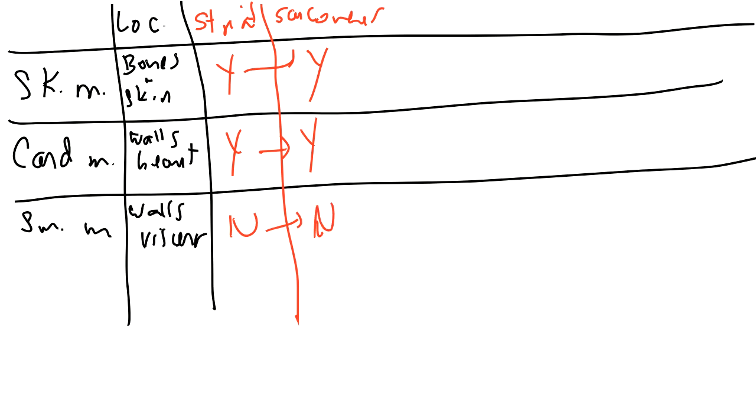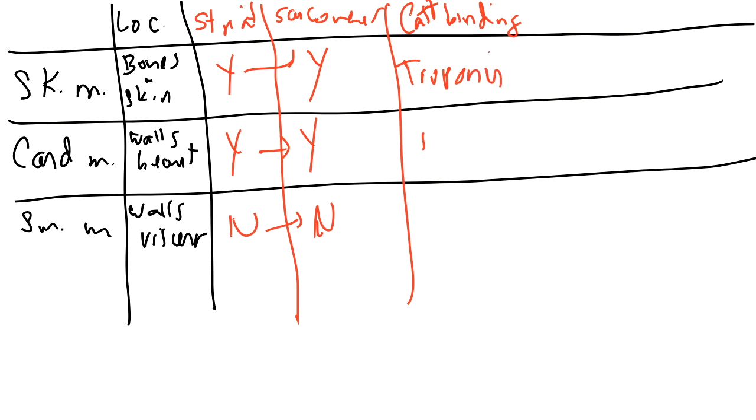Another characteristic we talked about was the calcium binding protein. In the case of skeletal muscle, the protein is troponin. In the case of cardiac muscle, the protein is troponin again. In the case of smooth muscle, it is calmodulin.